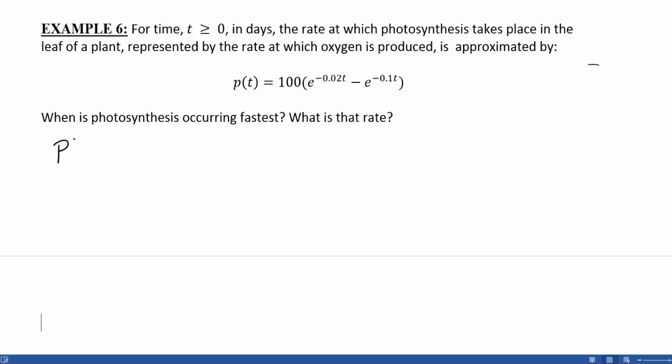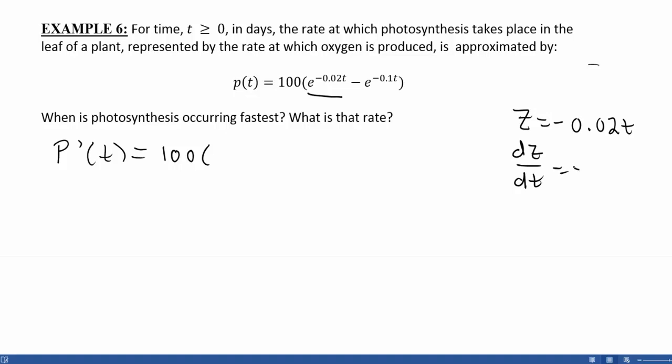So here, my first derivative of this function, I'm going to have a 100 on the outside from my constant multiple rule. Now here, I'm going to have to do a chain rule where my z is negative 0.02t, so my dz dt is negative 0.02.